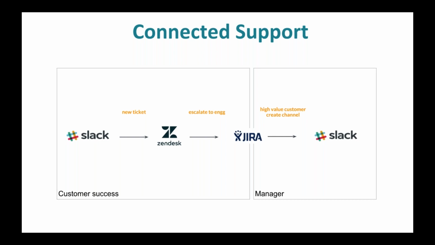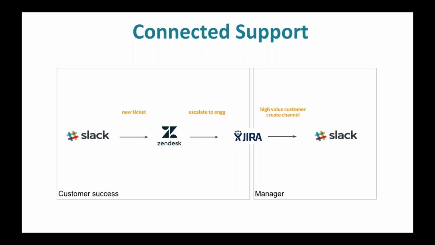On one side is a customer success rep who is working with a customer, identifies an issue, and creates a ticket in Zendesk. Based on their understanding of the issue, they escalate it to engineering. There is also a smart layer in between that checks whether the customer having the issue is a high-value customer.